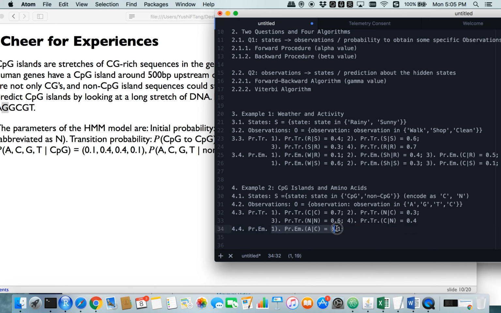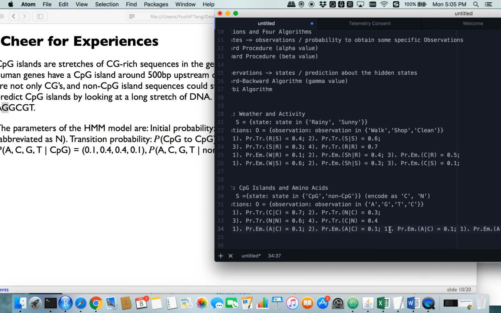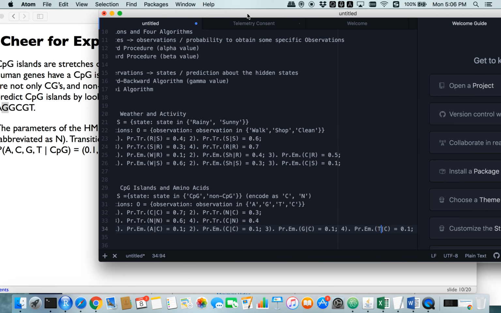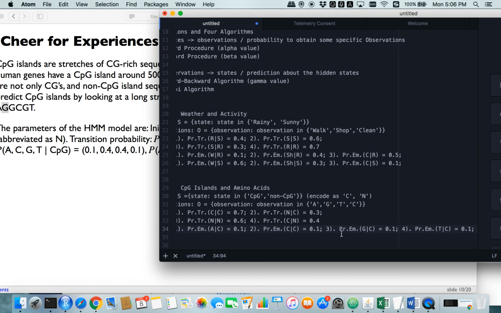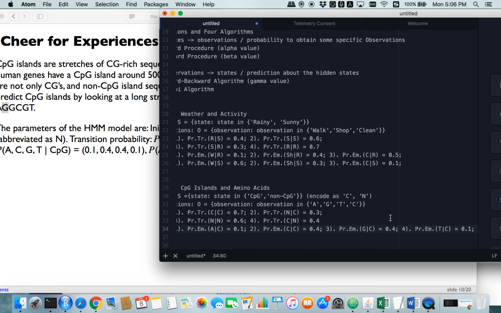Cool. And you can do the similar thing for all possible nucleotides, so it's A, C, G, and T. And the chances are 0.1, 0.4, 0.4, and 0.1.